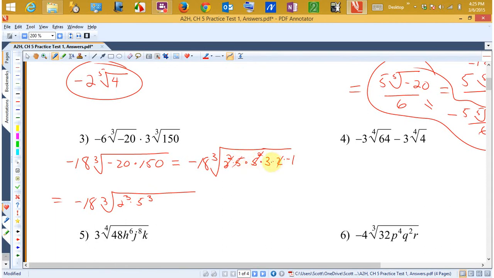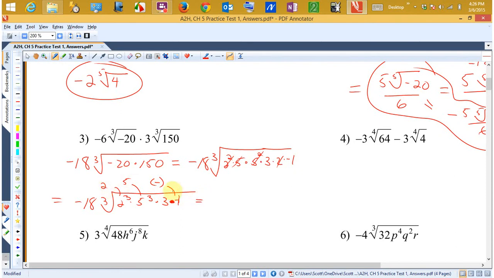And now I have times 3. And the negative 1 can come out as a negative, so I have a negative 1 here. So what I'm going to have is a 2 coming out, a 5 coming out. This 3 stays, and I'm going to have a negative coming out because it's a negative 1.